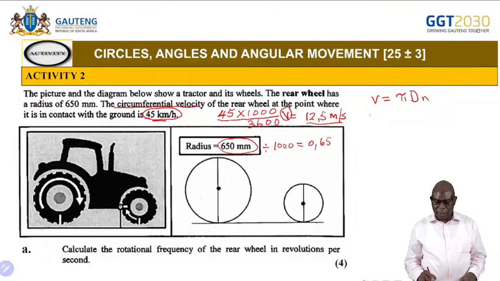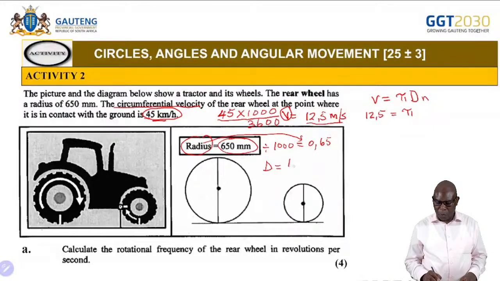So my V now is going to be 12,5. Pi is there. Remember, this one is a radius, but I need a diameter. So my diameter will be 0,65 times 2, which is 1,3 meters. So in other words, my diameter is 1,3. What am I looking for? I'm looking for rotational frequency.